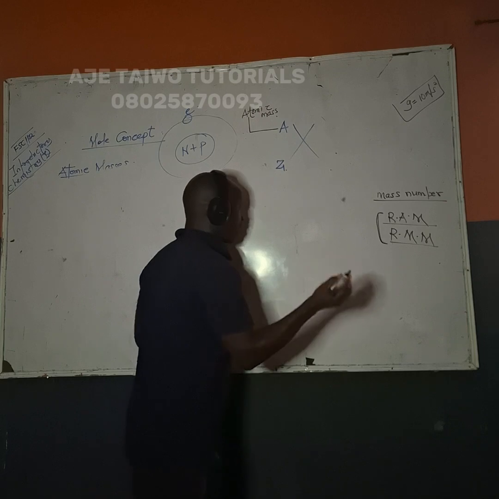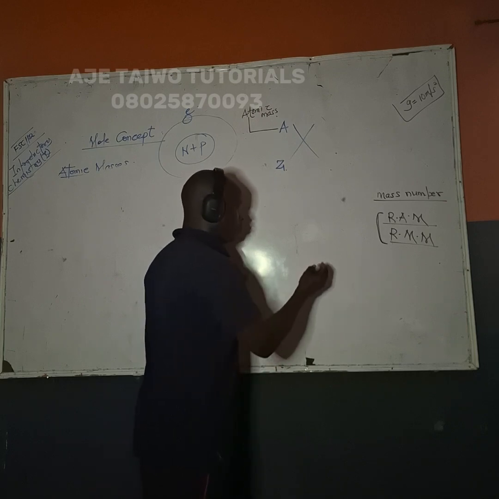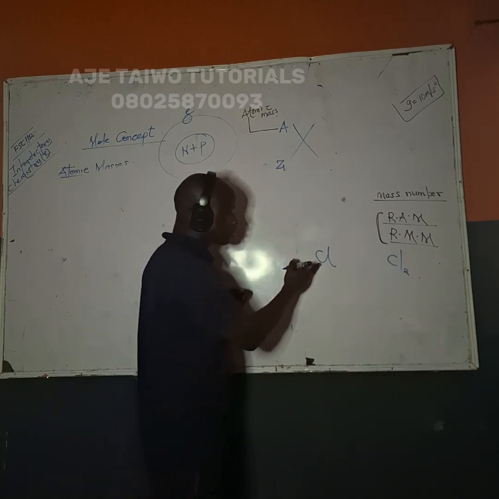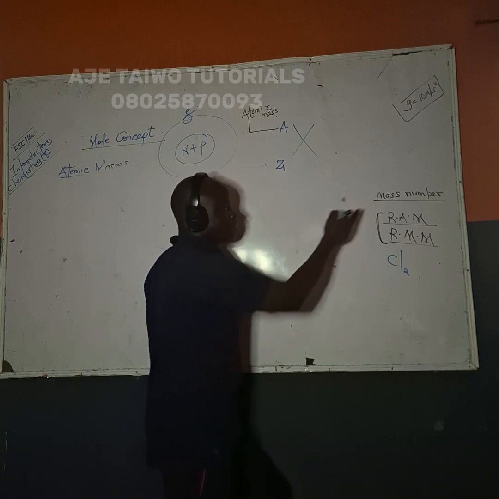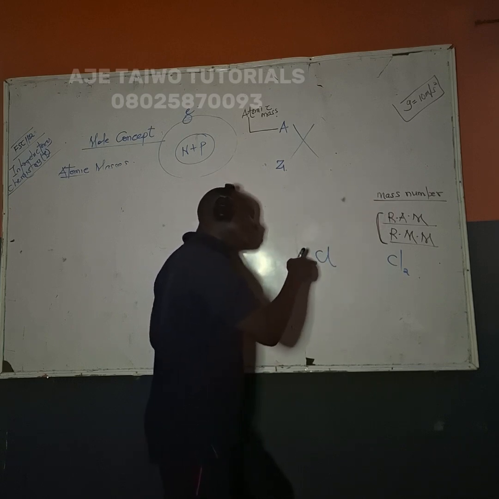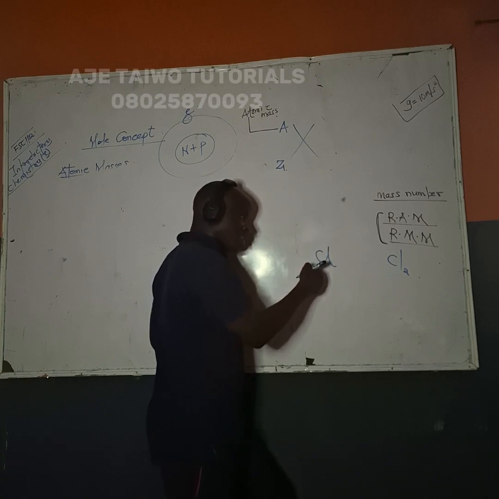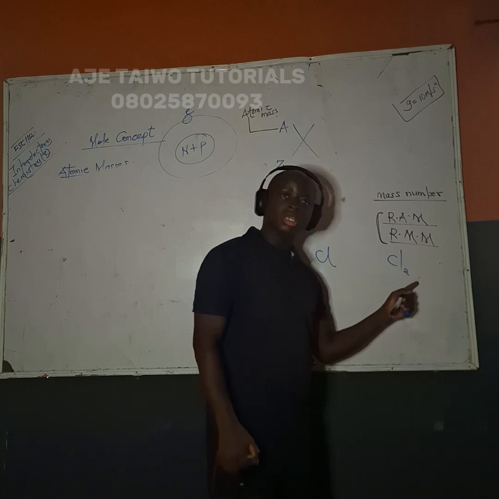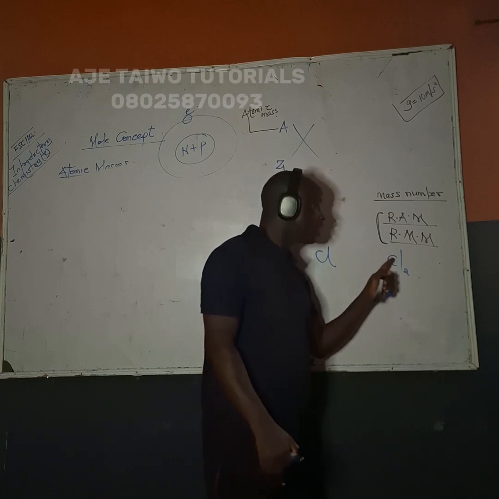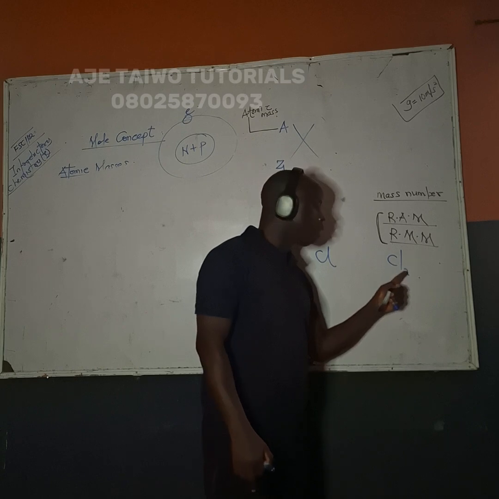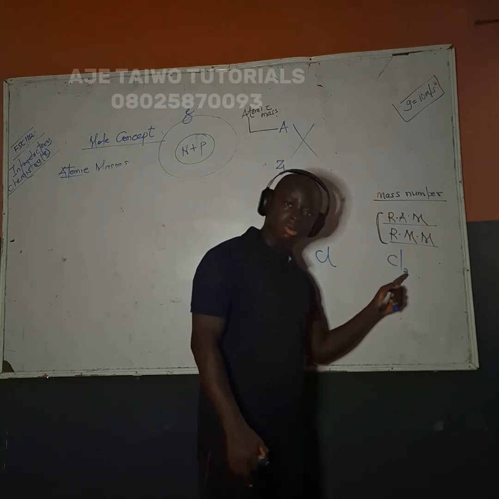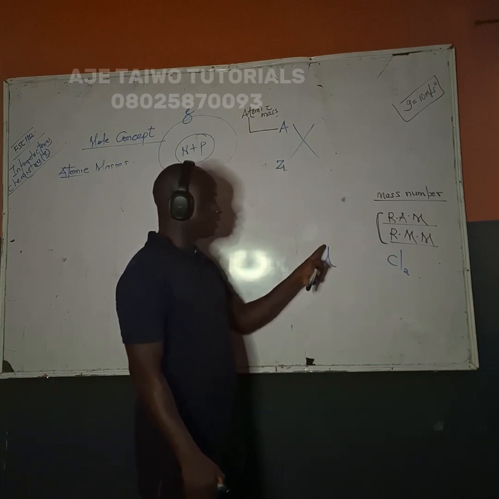For instance, if you have chlorine like this, it has a mass number called relative atomic mass because it's an atom. But this chlorine Cl2 is not an atom, it's a molecule. Two or more atoms combined together is called a molecule.